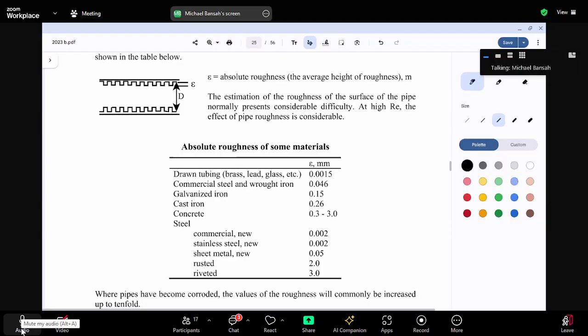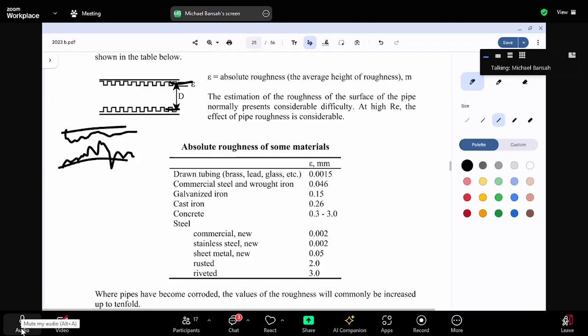Okay? Now, the inner surface of the pipe, the roughness may not be the same. It may vary. I'm just drawing something for you to understand how it may look. So if you don't pick relative roughness, that is the diameter, which is this distance, with respect to the thickness of that roughness, you may not get a very good answer.